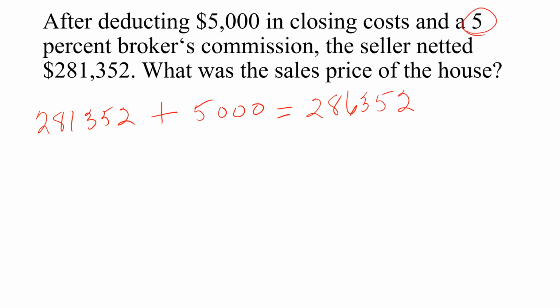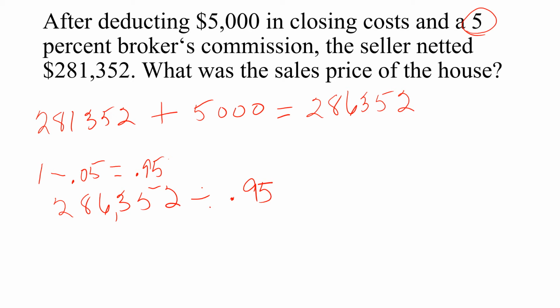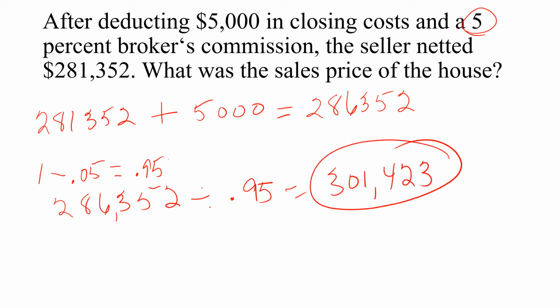There's a 5% broker's commission, so 1 minus 0.05 for 5% leaves us 0.95 or 95%. So we're going to take the 286,352 and divide by 0.95, and that's going to give us 301,423, and that is the answer.